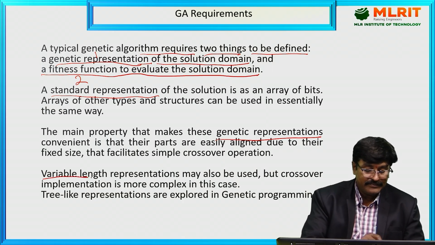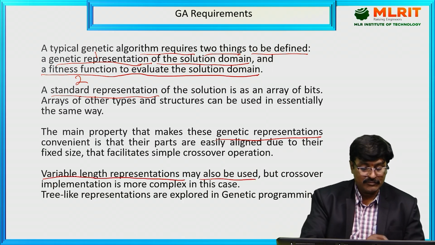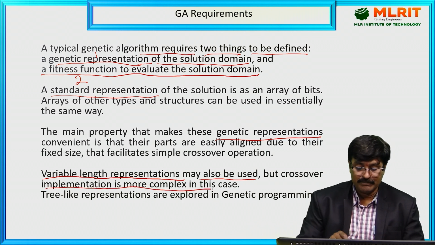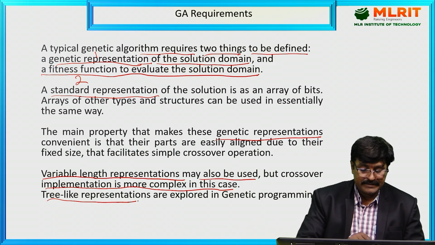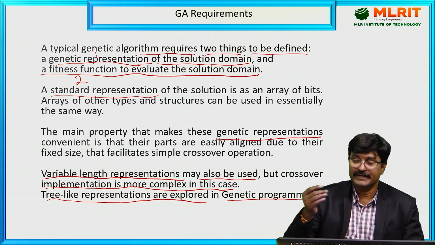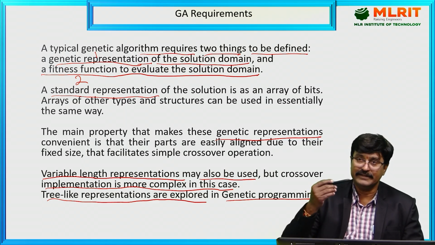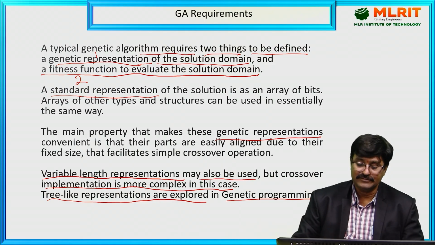Variable length representations may also be used, but crossover implementation is more complex in those cases. Tree-like representations are explored in genetic programming. So in a tree-based one, the root level goes to the next branch level, then the next sub-branch level, like this. The sub-branch is nothing but the next generation, at the tree level.